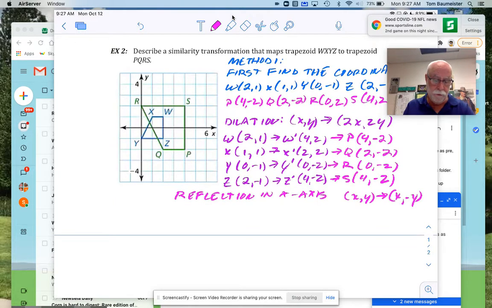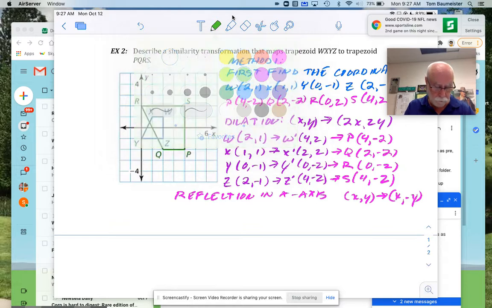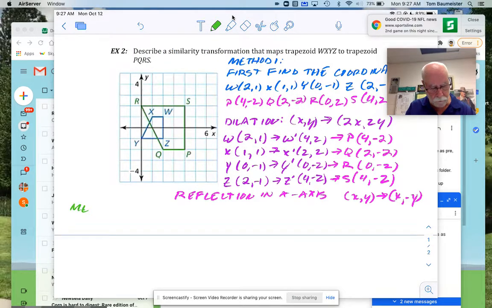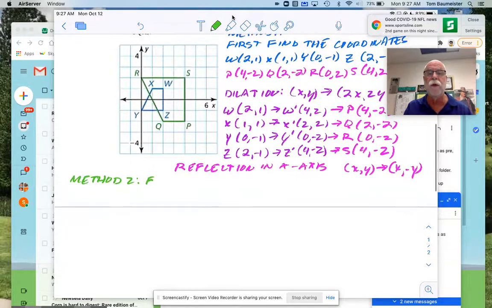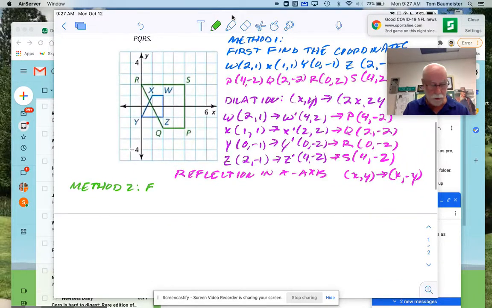So method 2 is similar. All right. I'm just kind of going to tell you this here. So focus on a pair of corresponding sides. And I know I'm going to go down here. So choose the one that you like as you're writing your notes.